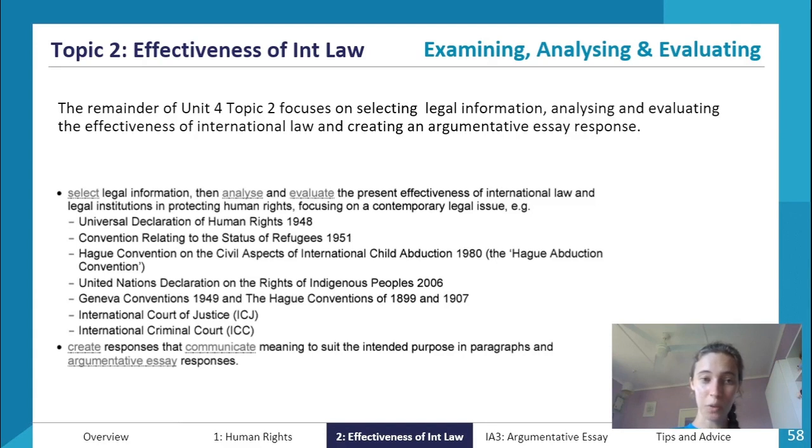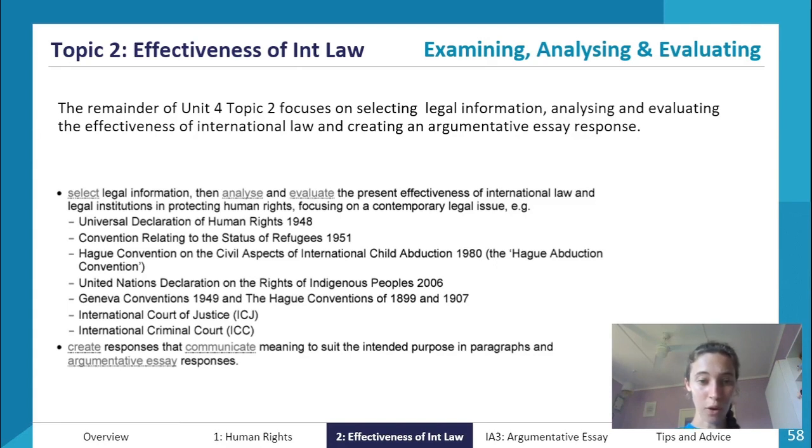So in particular for legal studies, it's evaluating the effectiveness of international law and creating that argumentative essay to argue your points. In general, it'll usually be something that's not effective, and you'll be arguing why that's not effective, and then that allows you to give your recommendations on what should change in the law to make it effective.